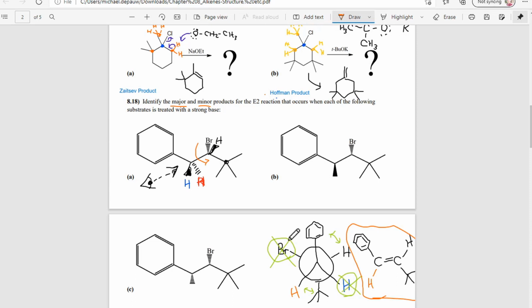And if I rotated this around and put the red hydrogen here and the blue hydrogen up here, then the bromine and the red hydrogen would be opposite to each other and they would eliminate, and that could give you the cis alkene. Does that make sense? Okay. This is going to be major.